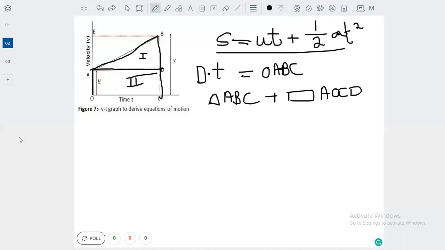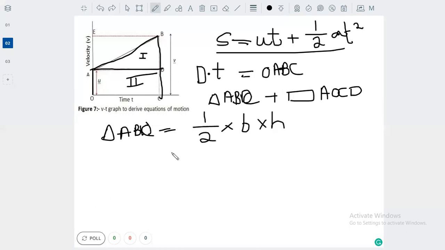So first of all, the area of triangle ABD. If you see, triangle ABC, not ABD, sorry. It is ABD only. I have just written it wrong. So it is ABD, not ABC. Just clarify this, ABD. So triangle ABD is equal to half into base into height.